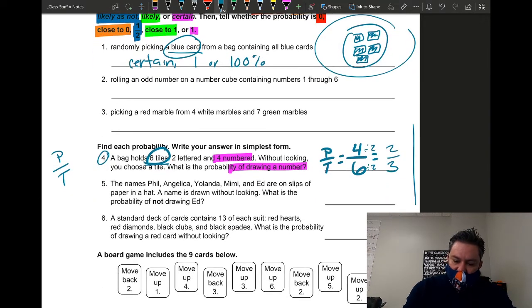On the number scale, this is 50% and this is 100%. 2/3 is 66.6%. We already know how to convert percent to decimal, decimal to percent, fractions to decimal, all the way back and forth. So this one will be the simplest form, 2/3.